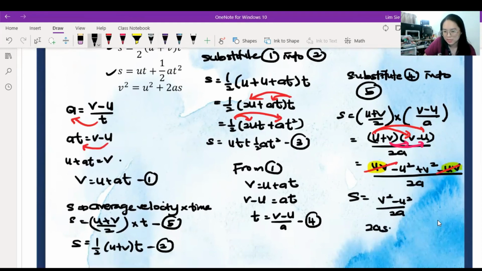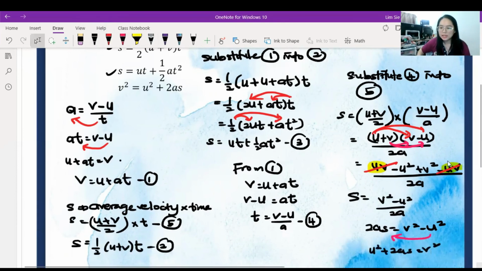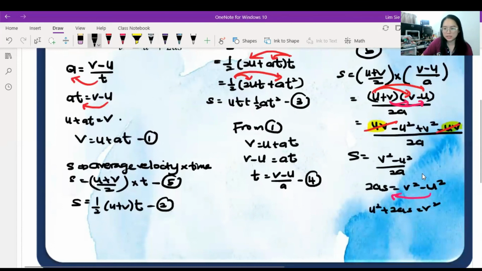I have 2AS is equal to V squared minus U squared. Then I bring my U squared to the right, it's plus. Then I get U squared plus 2AS is equal to V squared. So I just rewrite it: V squared is equal to U squared plus 2AS.